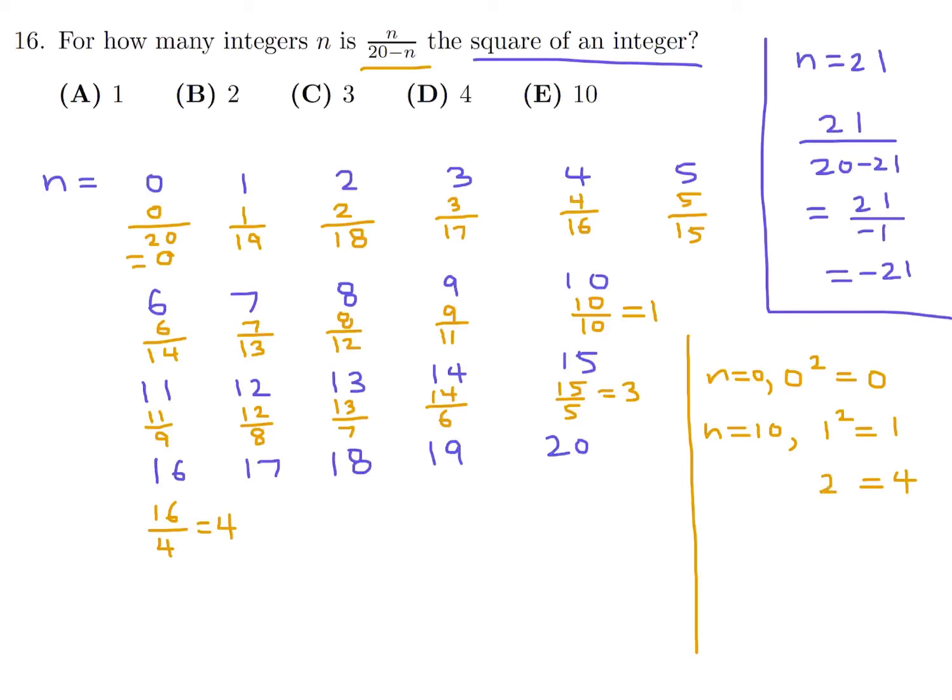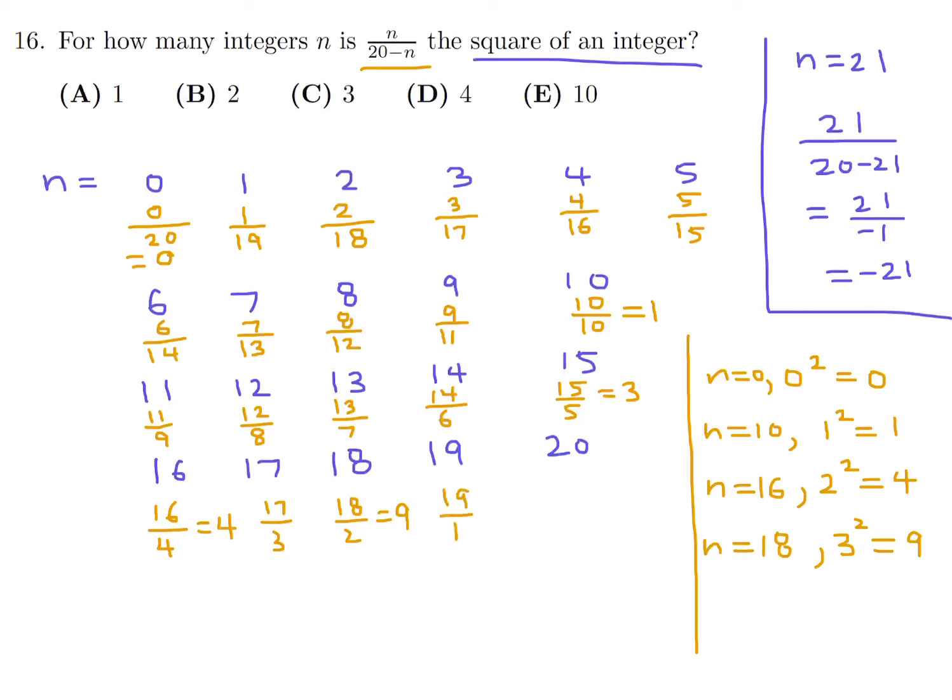It's 2 squared. So that happens when n is equal to 16. All right, we're almost done. 17 over 3, 18 over 2, which is 9. 9 is the square of an integer. It's 3 squared, and that happens when n is equal to 18.